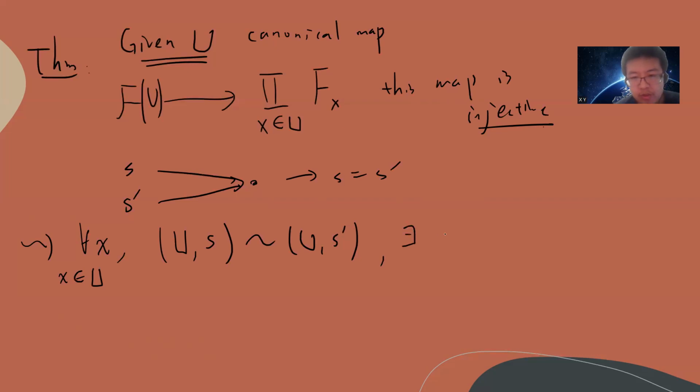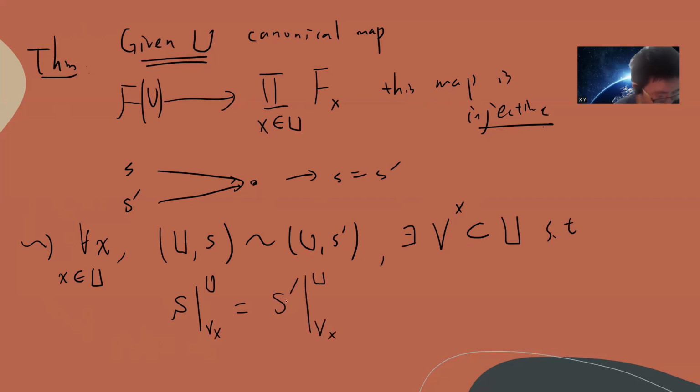Basically, you have an open set B_x depending on x, a subset of U intersected with U, but it's fine since U intersected with U is U, such that s restricted from U to B_x is the same as s' restricted from U to B_x.